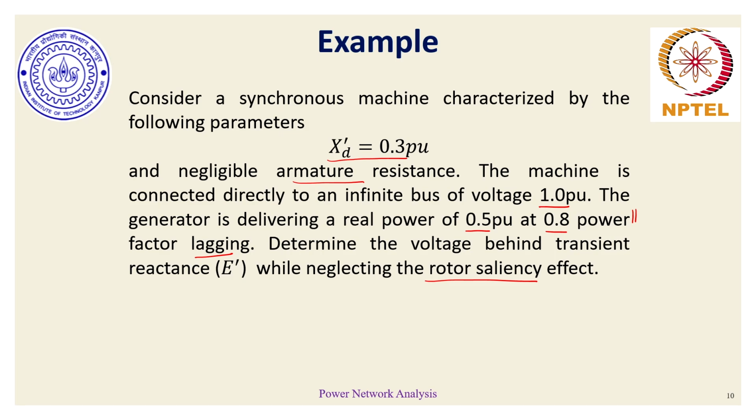So how do we do this? Since we know that the machine is connected to an infinite bus whose terminal voltage is fixed at 1 per unit, if we can find the corresponding current being fed by this synchronous machine, which is responsible for this 0.5 per unit real power, then we can find the internal EMF E, measured with respect to the terminal voltage of the synchronous generator.